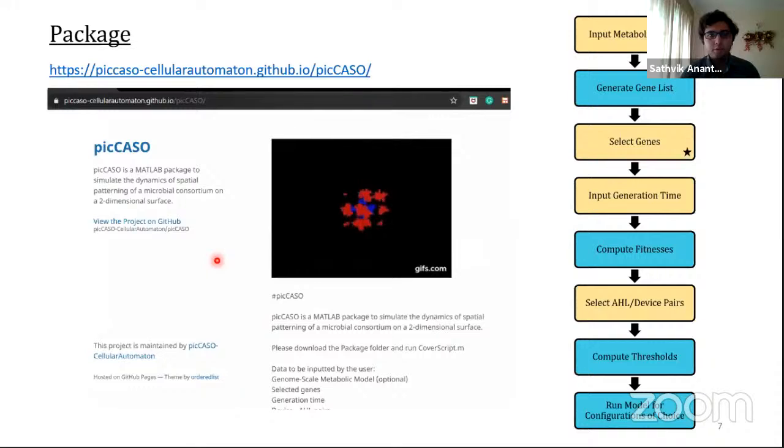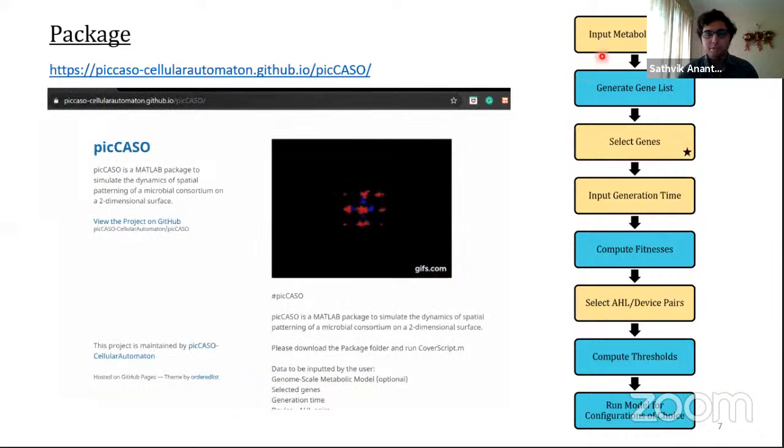So our models are available as a MATLAB package on GitHub, and we have also included templates that can be used to generate whatever configurations the user wishes to. So this is the workflow within the package.